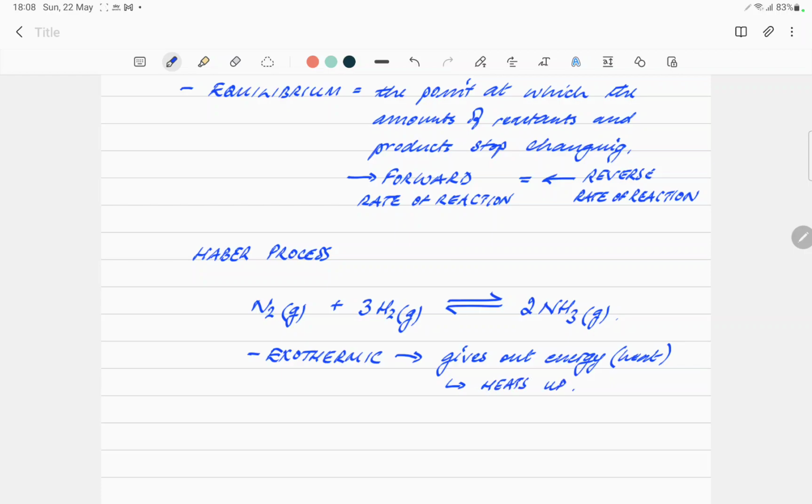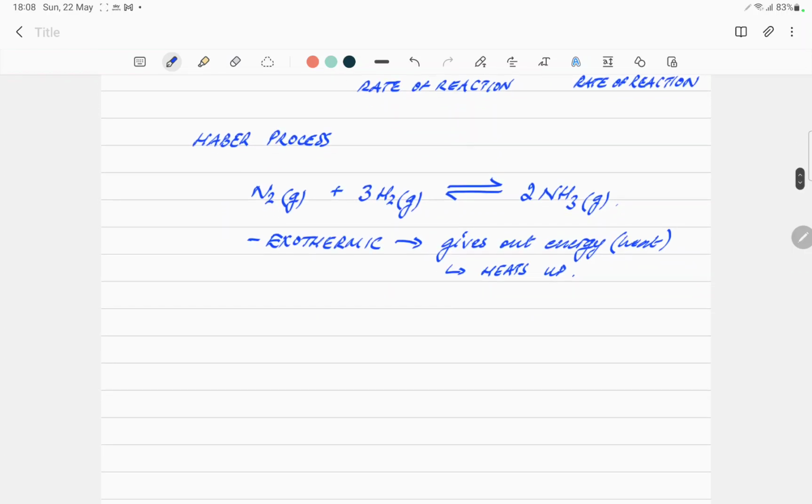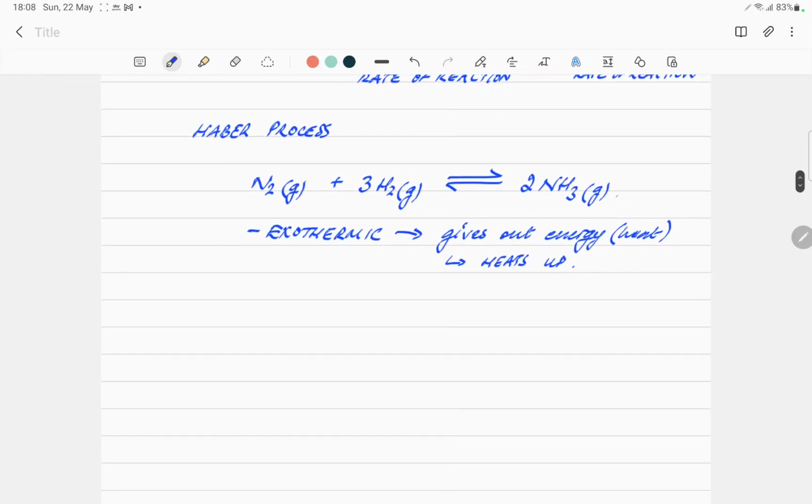Now, in this case, for a set of given conditions of pressure, temperature and concentration, for example, it will achieve a certain level of equilibrium, at a point where there'll be a certain amount of nitrogen, a certain amount of hydrogen, and a certain amount of ammonia present. So the ammonia is going to be present along with the reactants.